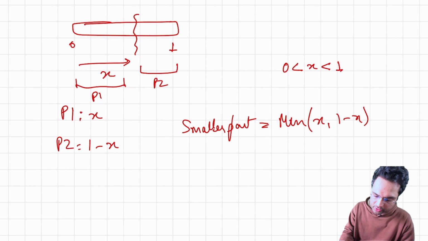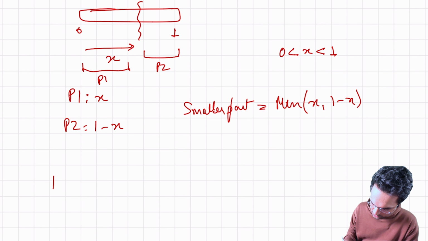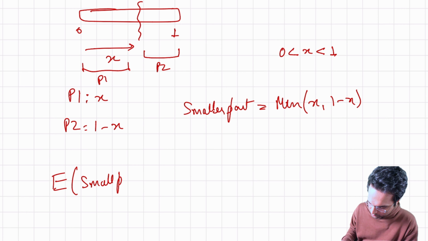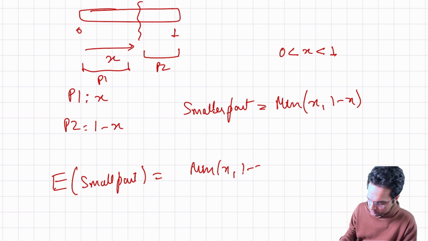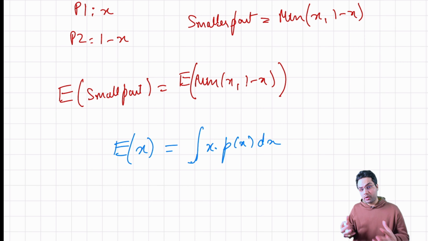So now let's try to apply expectation here, okay? So the expectation of the smaller part is the expectation of the minimum of x and 1 minus x. If we want to figure out the expectation of a general variable x, then it's given by this formula.